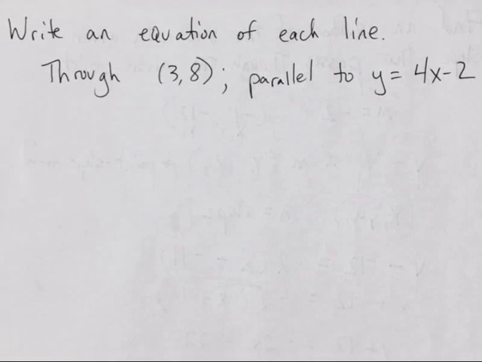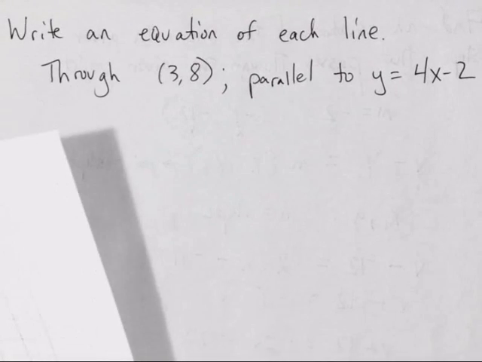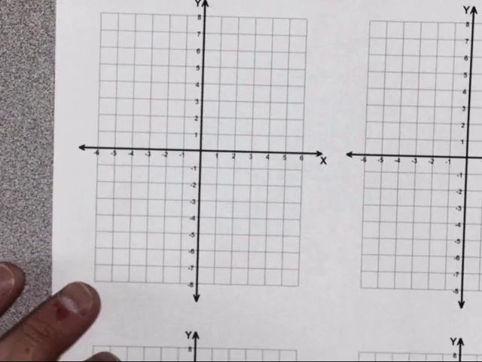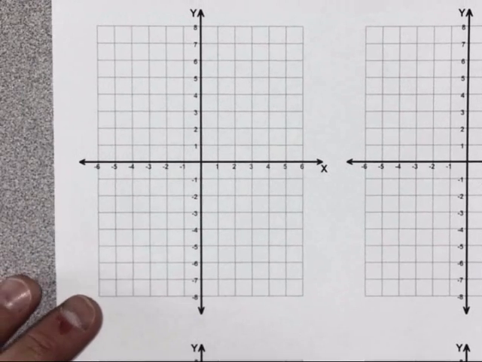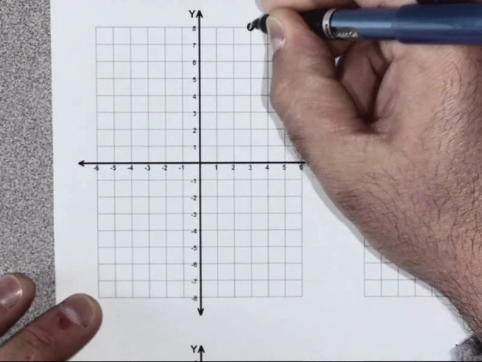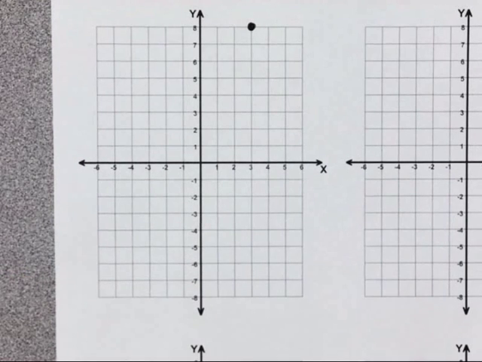Alright, so let's just think about what this is graphically. So let's look at a graph here. Here's the point (3, 8). Okay. And then we can graph the line y equals 4x minus 2 pretty easily since that's already in slope-intercept form.